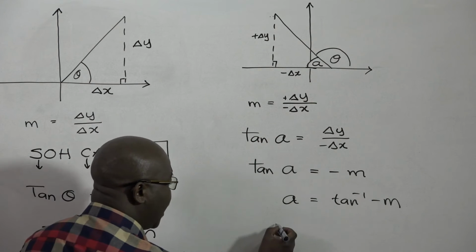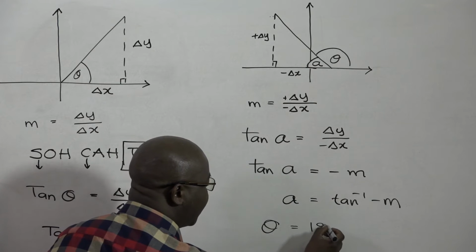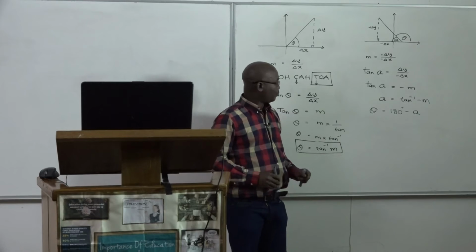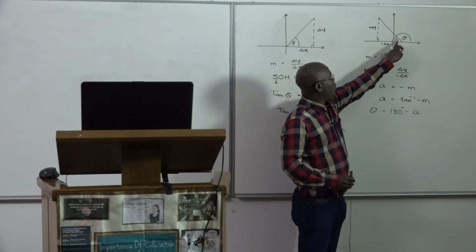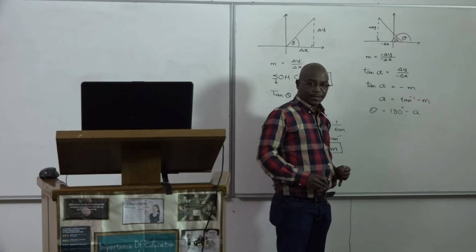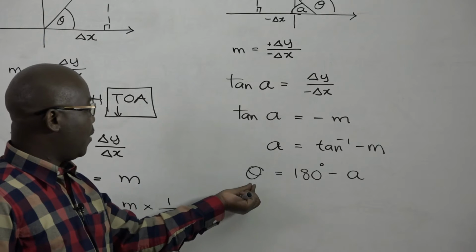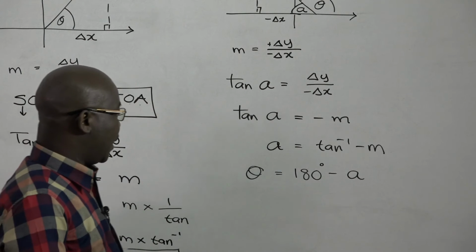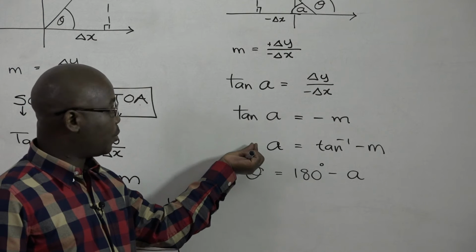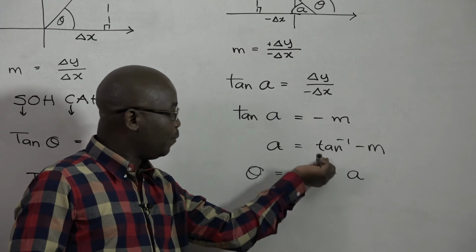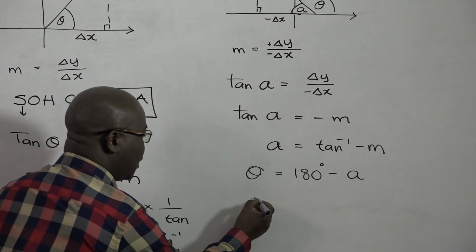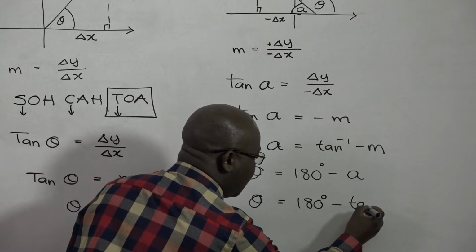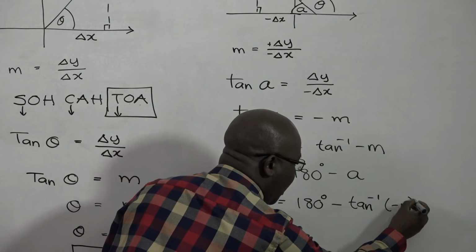Therefore, from that information, I can say theta is equal to 180 degrees minus angle A. Right, so because A plus theta add up to 180 degrees, the angle is on a straight line, I can then say theta is 180 degrees minus the angle A. Then, just above here, we have an expression for A. Then I can substitute this A by that, and then it becomes theta is equal to 180 degrees minus the arctan of minus m.